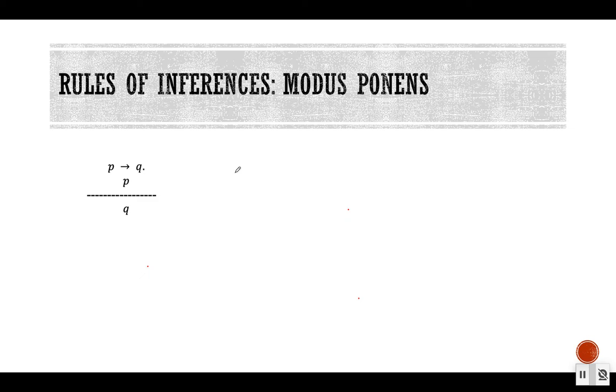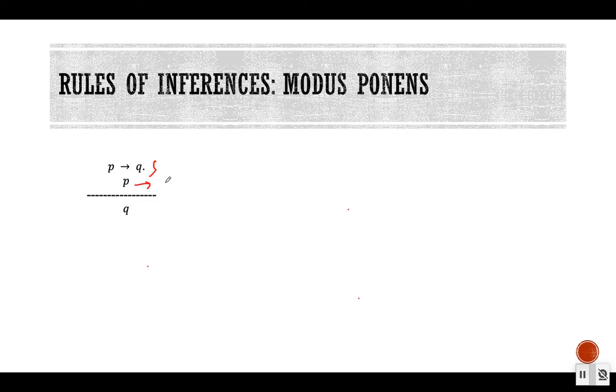One of the rules of inference is known as modus ponens. This is a simple valid statement, and it looks like this. I am making a hypothesis that if P is true, then Q is true. This is a conditional statement. Now P is true.